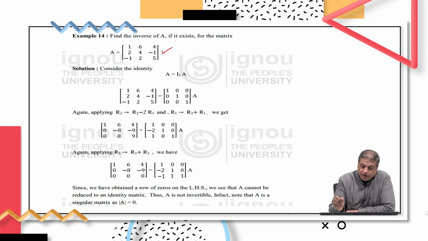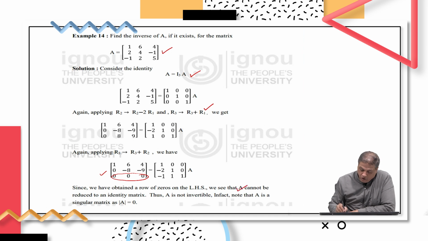Say we are given a matrix A, and we write it in the form A equals I3 A, and now we perform the elementary row operations so as to transform it into the identity matrix, but we find that there is an entire row which turns out to be 0, as a result of which the left hand side cannot be reduced into an identity matrix.